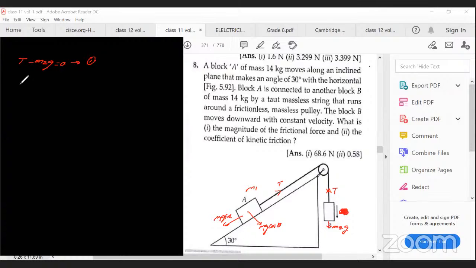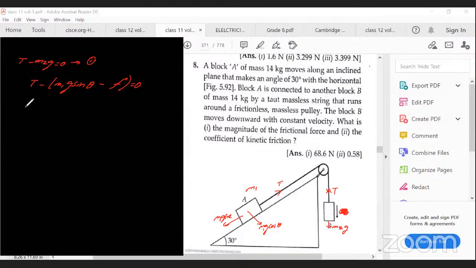Second case, the net force on block A is also 0 because there is no acceleration. So the relation will be T minus M1g sin theta minus F is equal to 0, where F is nothing but the kinetic friction Fk, because of the movement here.